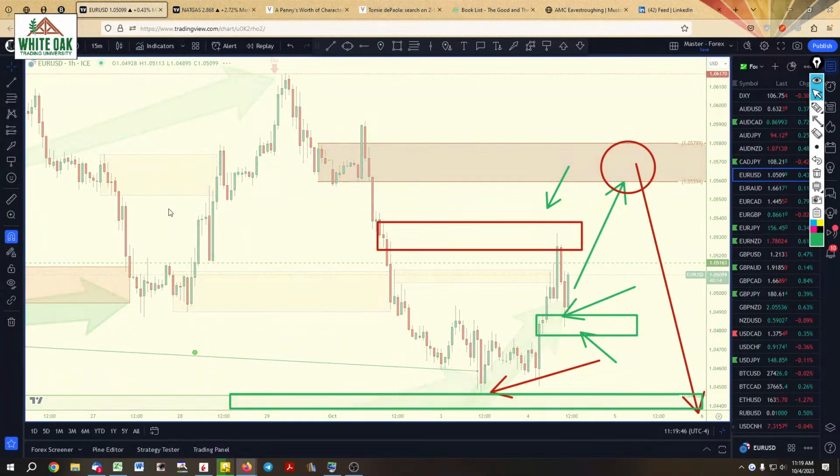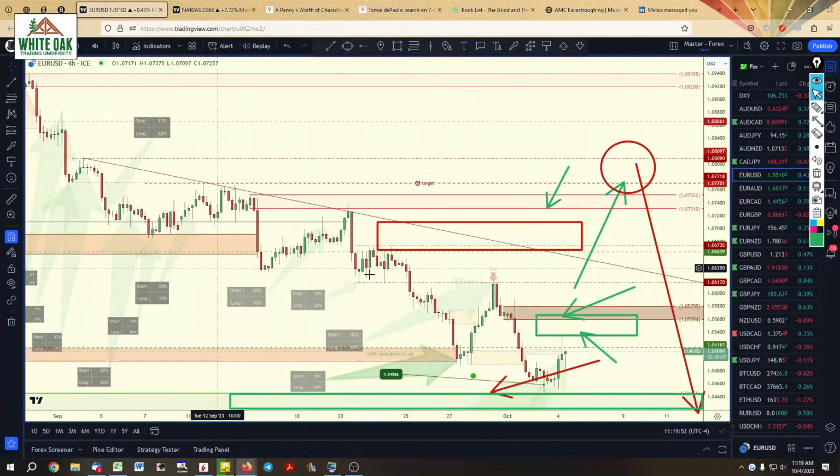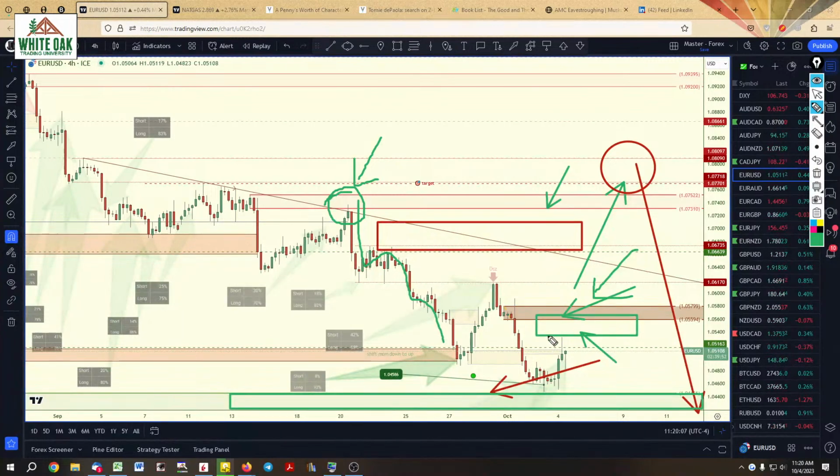Okay, it's just like, if you remember, let me go back to the 4-hour chart. It was just like when we were here. Do you remember when we entered into supply? And then the data came out and boom. Okay, you remember that? To me, this is setting up the same thing.